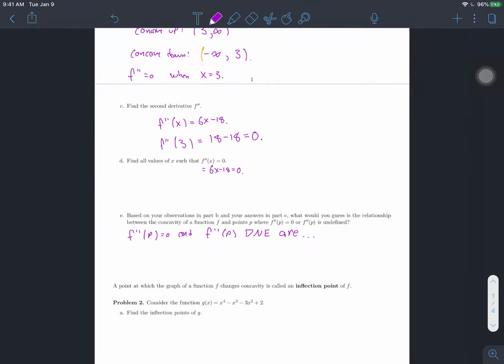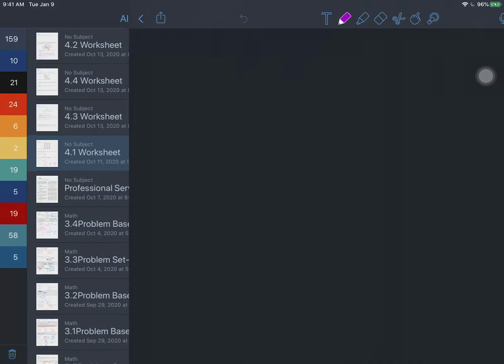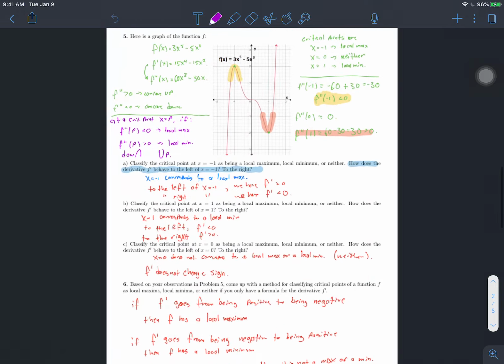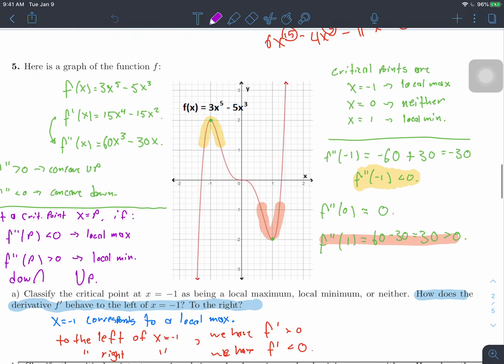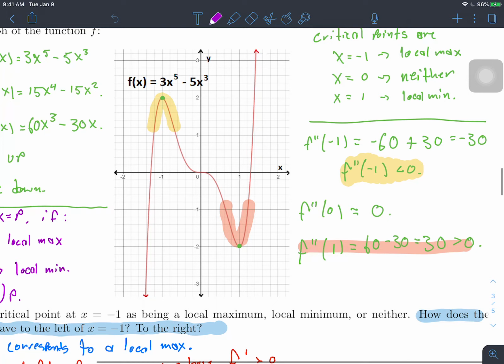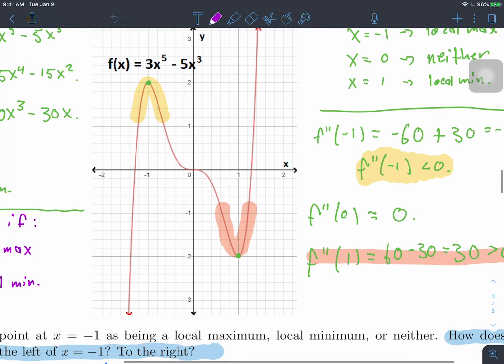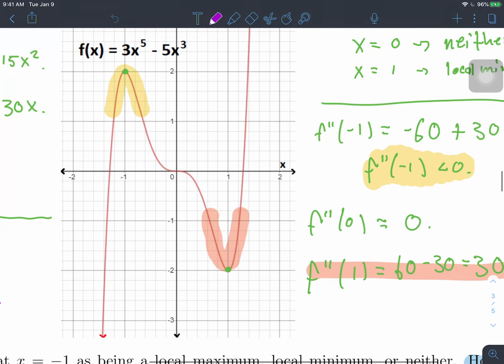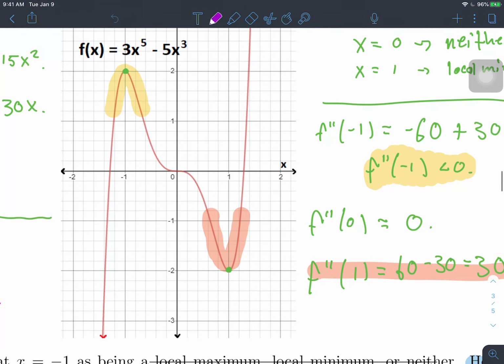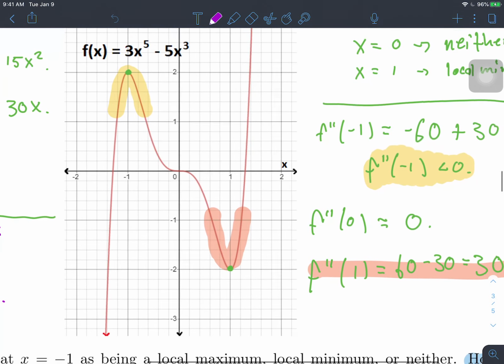Yeah, if we can remember about 5 minutes ago, when we did this problem here, we found that f double prime of 0 was equal to 0. Actually, that's a bad example. This is an inflection point.